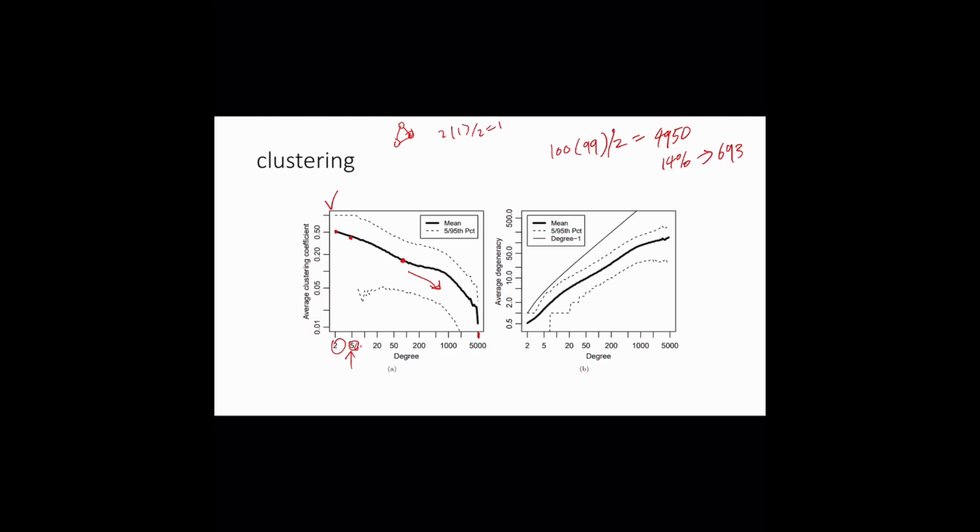So we've covered clustering, but you'll notice that on the right is a figure that displays the average degeneracy. Because degeneracy isn't a concept that we've covered in class yet, I'll just briefly summarize what the paper's findings are.